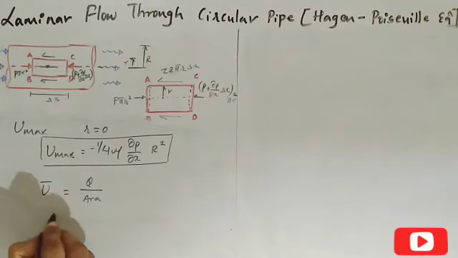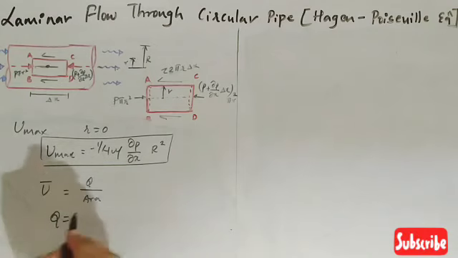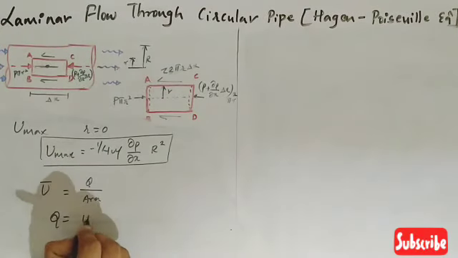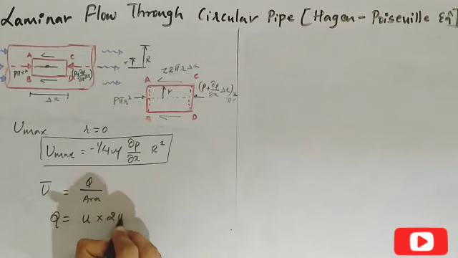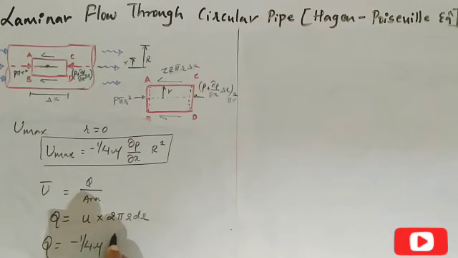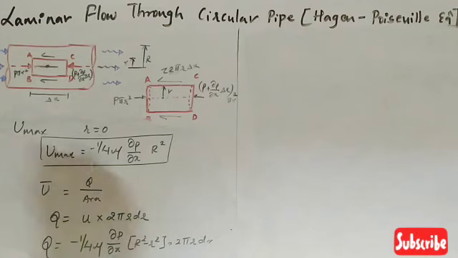The discharge is obtained by considering a circular element of this section, so it will be velocity into 2 pi r dr. This is our discharge equation. Substituting the velocity equation we already calculated, q will be minus 1 by 4 mu, dou p by dou x, into r square minus small r square, into 2 pi r dr.